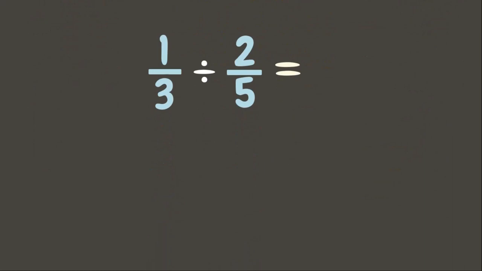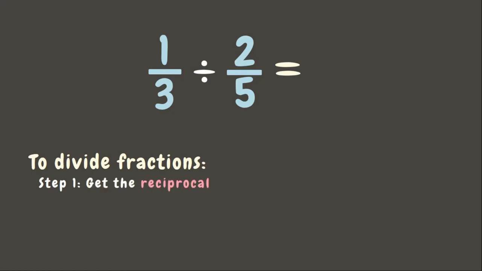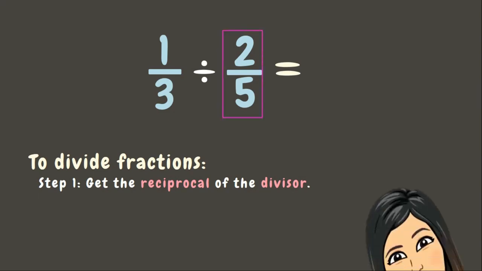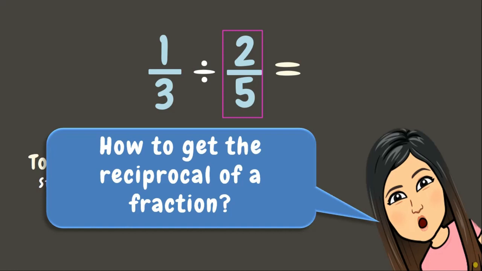Let's try this first example. 1/3 divided by 2/5. To divide fractions, the first step is to get the reciprocal of the divisor, or the second fraction. But how are we going to get the reciprocal of a fraction?